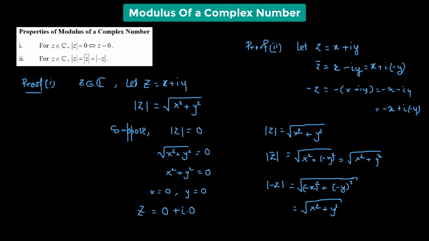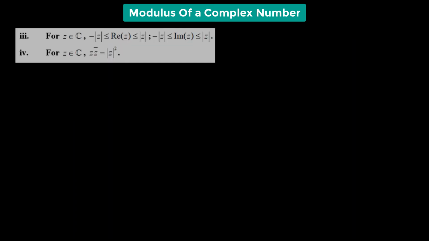So we see that the absolute values of the three complex numbers are equal, so we can safely say that the absolute value of a given complex number z is always equal to the absolute value of its conjugate and to the absolute value of the negative of the complex number. So these are the two properties. Let's move on to the next two properties.